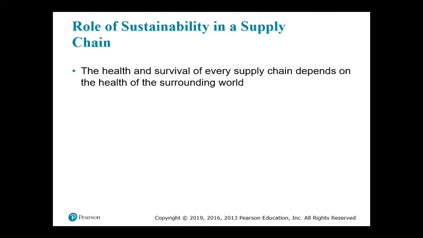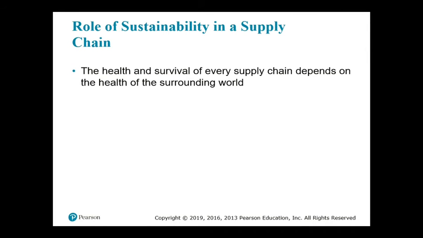As supply chains are becoming more and more globalized, and the emerging countries have grown, it is becoming more and more clear that our resources and environments will not be able to support this growth unless our supply chains become more sustainable.